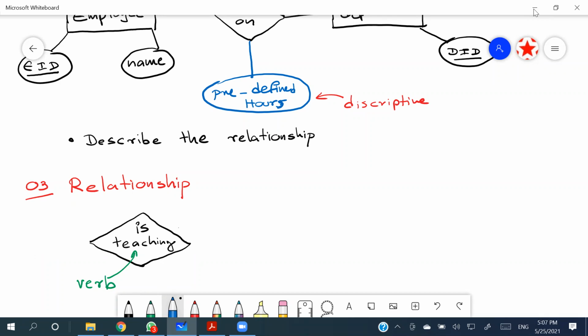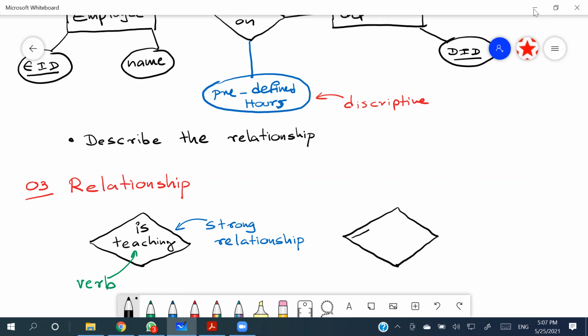Again, we can indicate this as a strong relationship, and if we indicate it with two lines, since it is depending, we can tell this is a weak relationship.